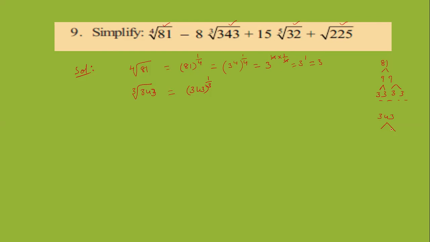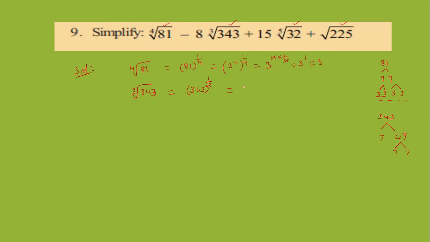Now the cube root of 343, which is in the second term. 343 in exponential form is 343 to the power of 1 by 3. You may divide this by 7, I think. 7 fours are 28, 7 nines are 63, again 7.